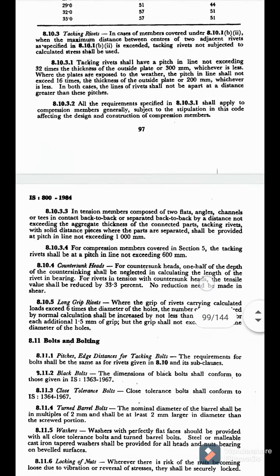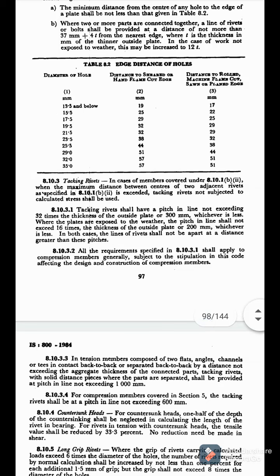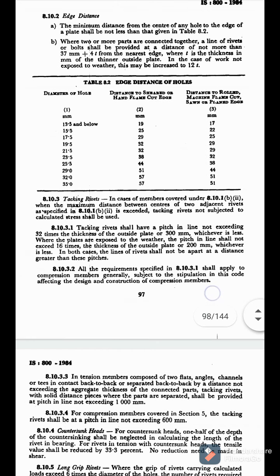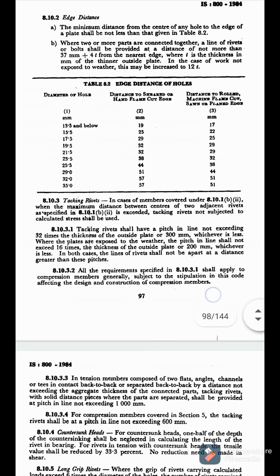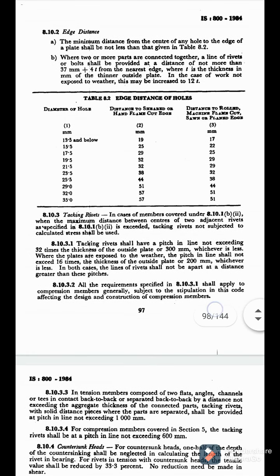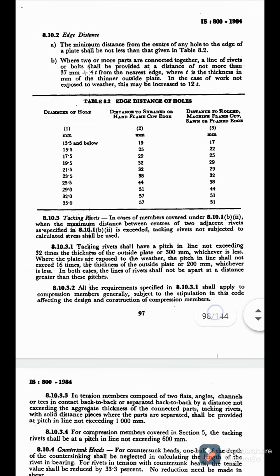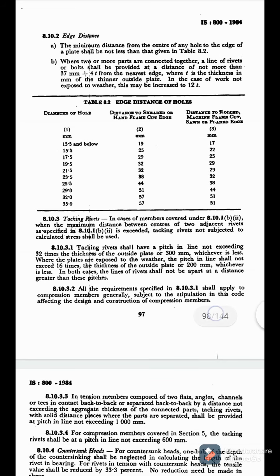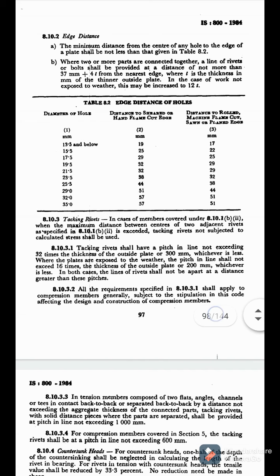Again, tack rivets: in the case of members covered under 8.10.1(b), when the maximum distance between the centers of two adjacent rivets exceeds the specified limit, tack rivets are used. The stress developed in the tack rivets is not calculated. Tack rivets are used only for connecting the members.